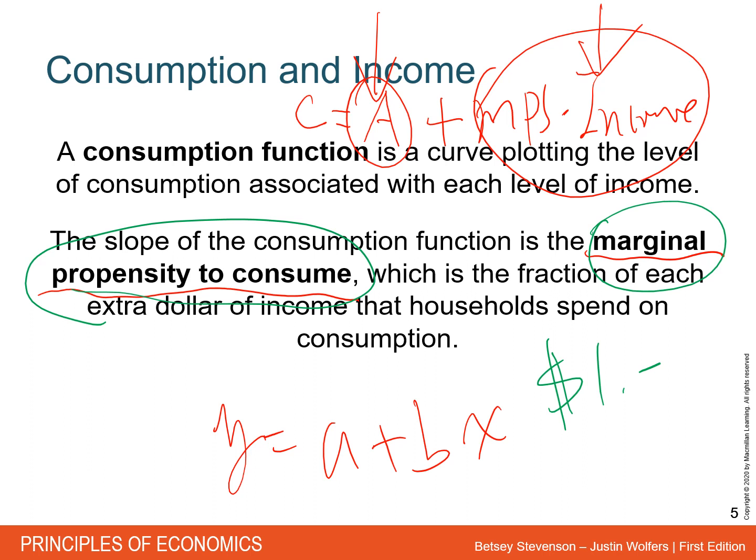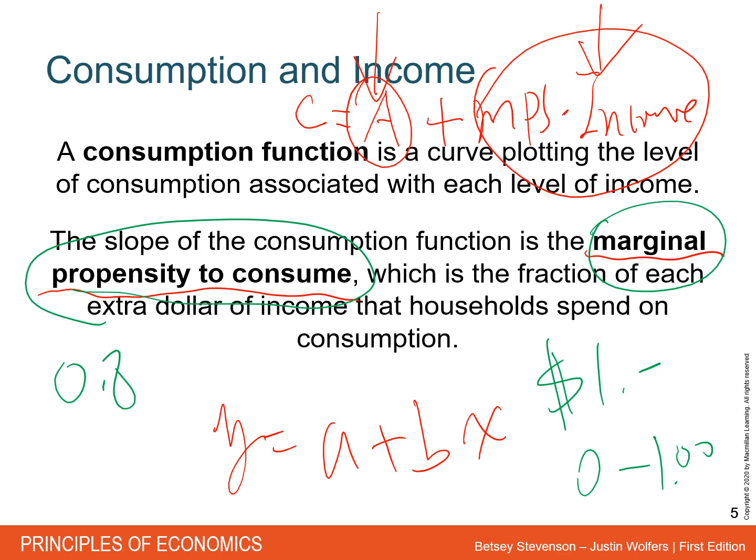That is measured by the MPC, somewhere between 0 and 1. If your MPC is 0.8, that means if you make $1, you're going to spend 80 cents, and the other 20 cents you're going to use for saving.